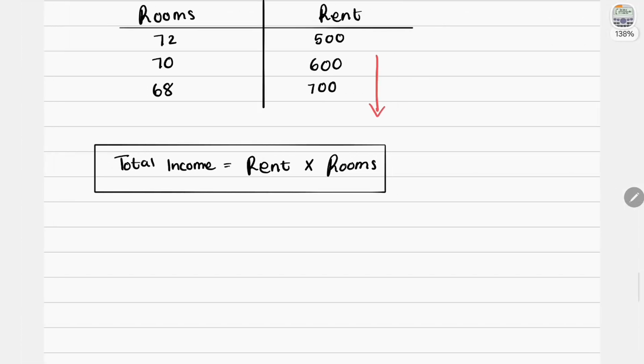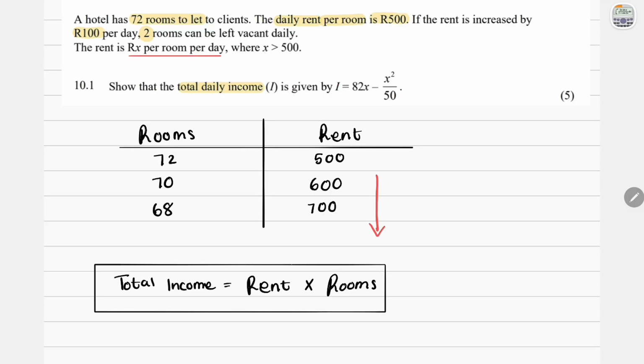So we need to find an expression for the rent and the rooms available. So we're going to have to find a general term that will express the total rooms available and the total rent. That way, when we get them, we would be able to multiply them to get the total income, and they should be in terms of X.